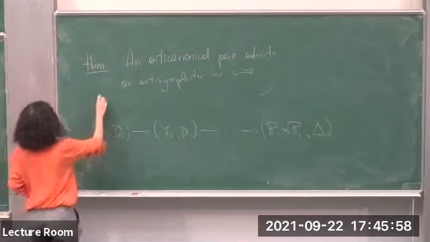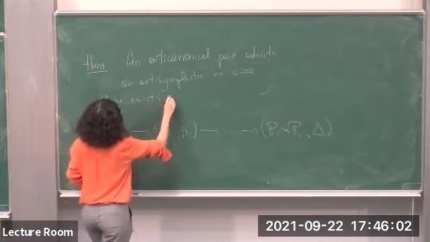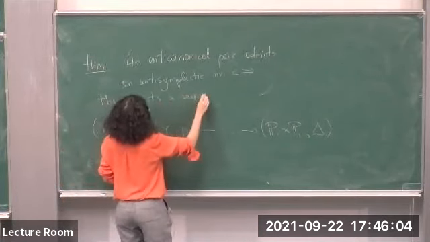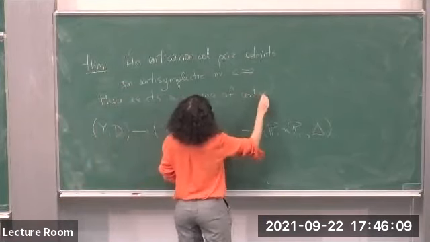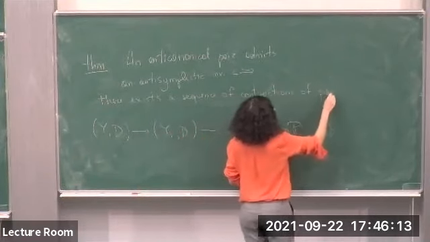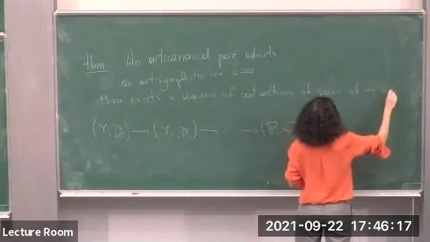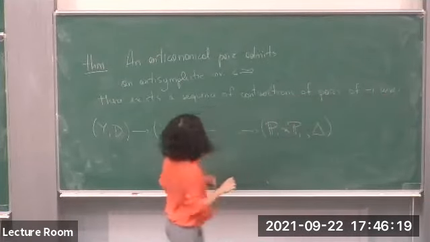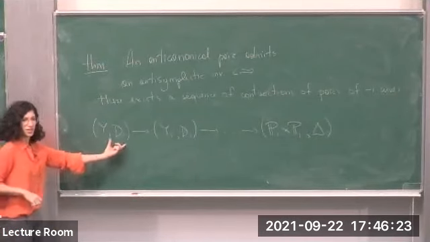So there exists a sequence of contractions with pairs of -1 curves such that the involution here goes down.